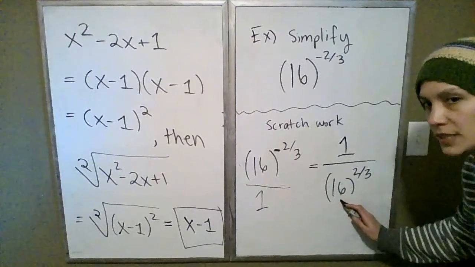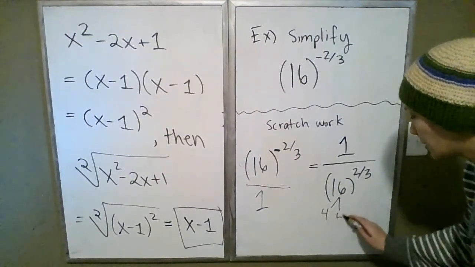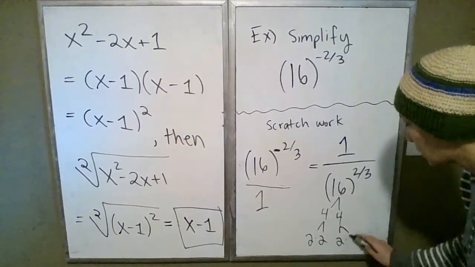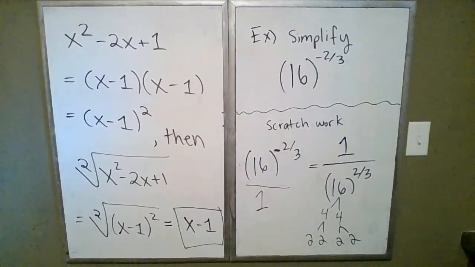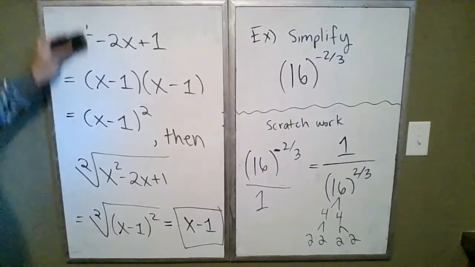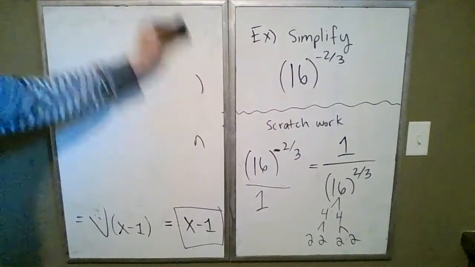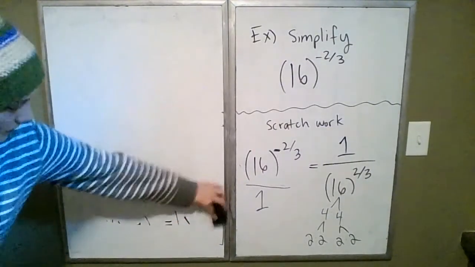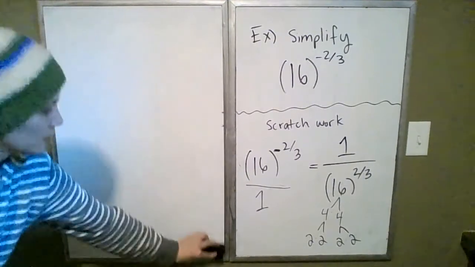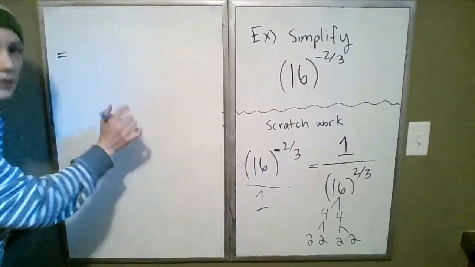Over here, we're going to factor 16. 4 times 4. Each of those is 2 times 2. So it's still 1 over.